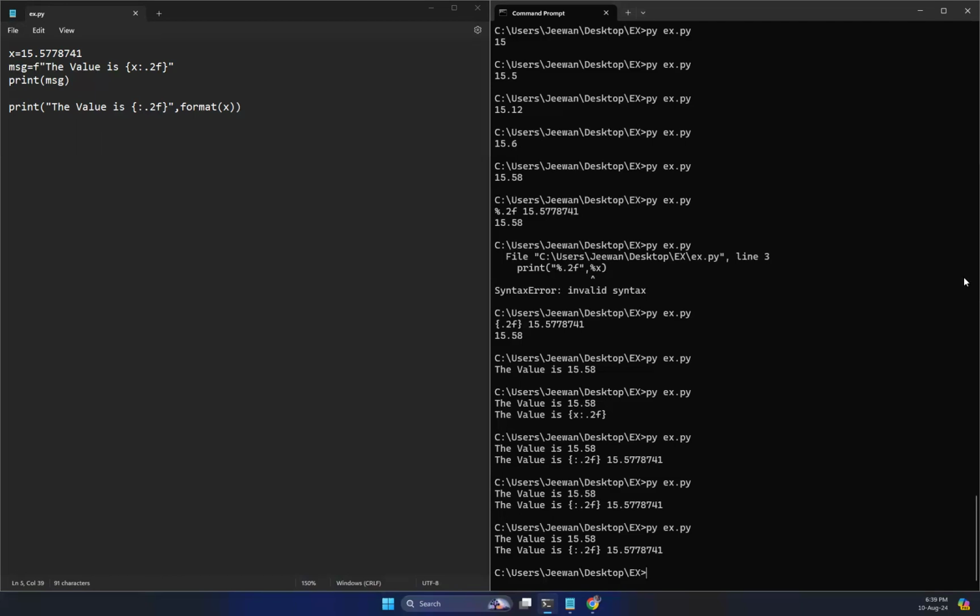I have to check this and let you know how to use the placeholders. I can't remember exactly. Using this f string or the round function, you can easily do it. I'll let you know after checking.